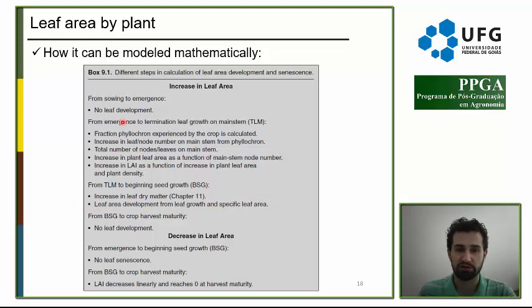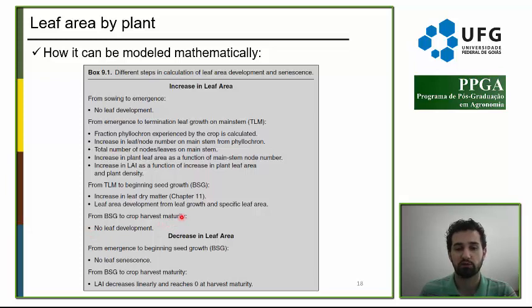So we have emission of leaf occurring in this crop phase, and here we have just the growth of the leaf in function of the carbon available to the leaf. From the beginning of seed growth to crop harvest maturity, there is no leaf development.